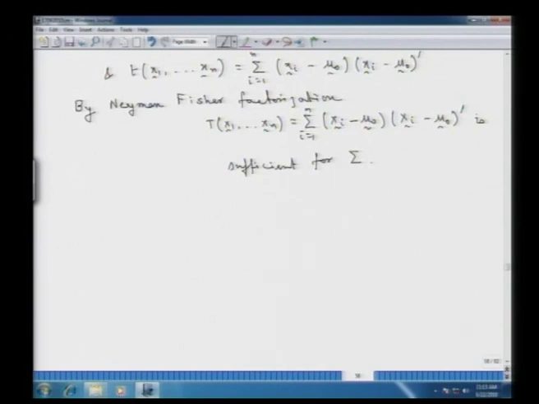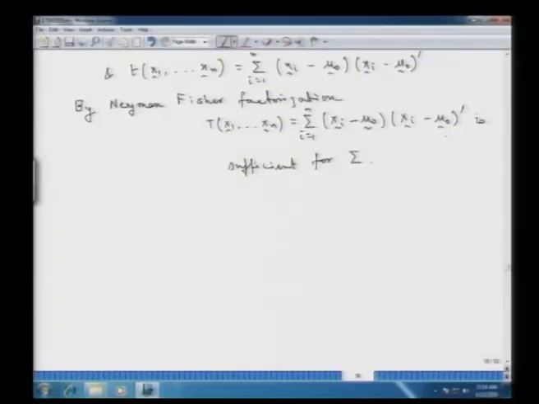So, these are all the three possible cases when we talk about sufficiency derived on the basis of the random sample x1, x2, xn. In the first case, which is the most general and most practical case, both the mean vector mu and the covariance matrix sigma are unknown to us, and in such a situation x bar vector and the sample variance covariance matrix S are jointly sufficient for mu and sigma. In the second case, we had assumed that sigma is known to us, mu is unknown.